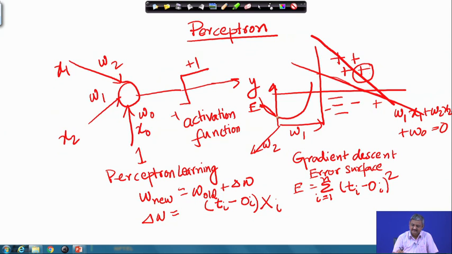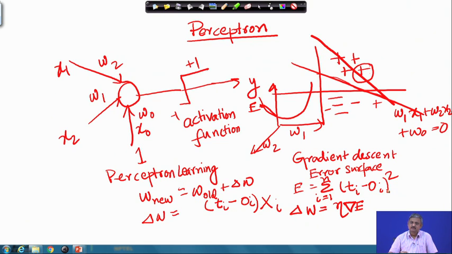So, it takes a direction which is the same as descending along the tangent of the error surface. So, delta W is some learning constant eta times the derivative of the error function, which I represent by this symbol.